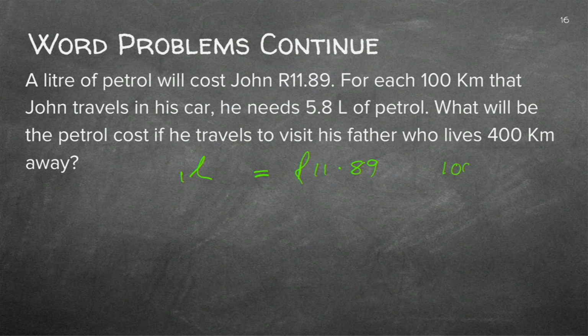So for every 100, he needs 5.8 liters of petrol. Now that is what they've given us, right? So they ask us, what will the petrol cost if he travels to visit his father who lives 400 kilometers away? So now we know he's going to travel 400 kilometers.